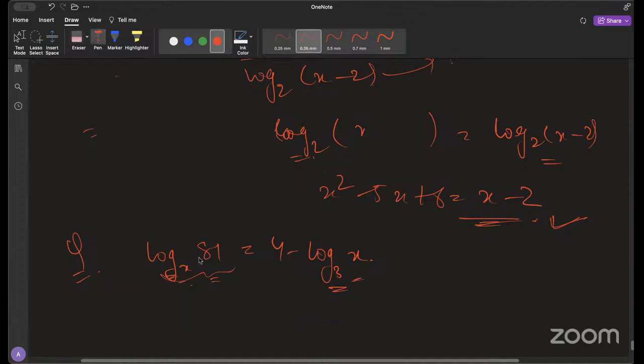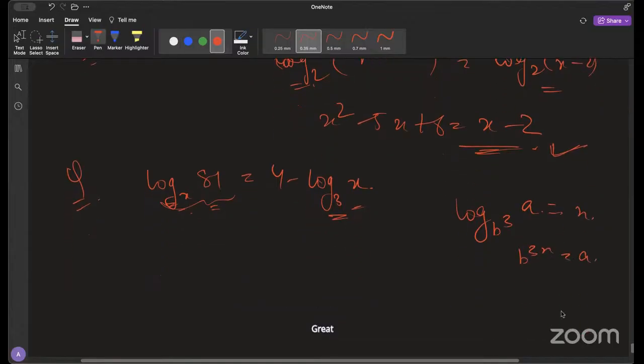Because 81 is 3 to the power 4. And one more thing, if you have log base b cube of a here, and let's say this is n. So this means b cube to the power n is a, right? If you take 1 by 3 on both sides, you will get b to the power n is equal to a to the 1 by 3.